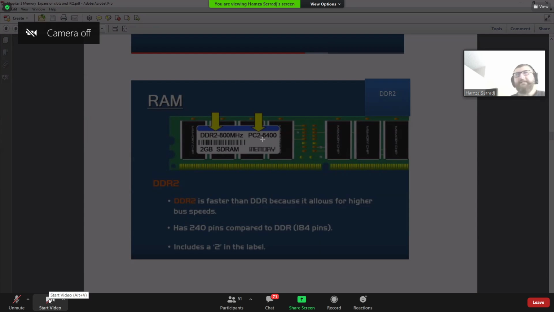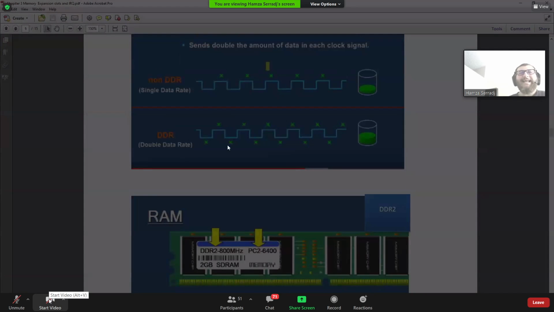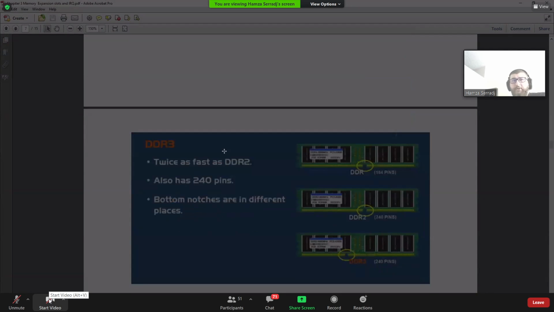PC is just for DDR, as we saw here. PC3 is for DDR3. Okay, DDR3 is much higher speed, of course. That's it, right? So the bus is an improvement of the DDR2, so we can have higher frequency over time. So DDR3 is twice as fast as DDR2, and also has 240 pins.